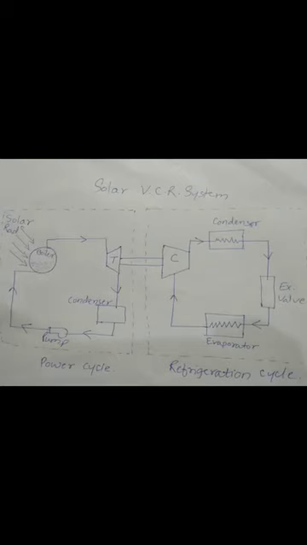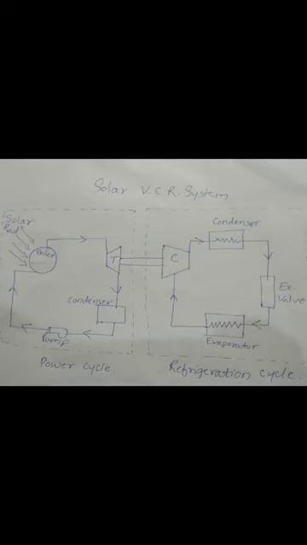After that, the power cycle is completed and the output of the turbine is given to the compressor, where the compressor runs, and then the simple refrigeration cycle, the vapor compression refrigeration cycle, follows. Because we are compressing the refrigerant in the compressor, it is called VCR. So this is a simple cycle about the VCR.